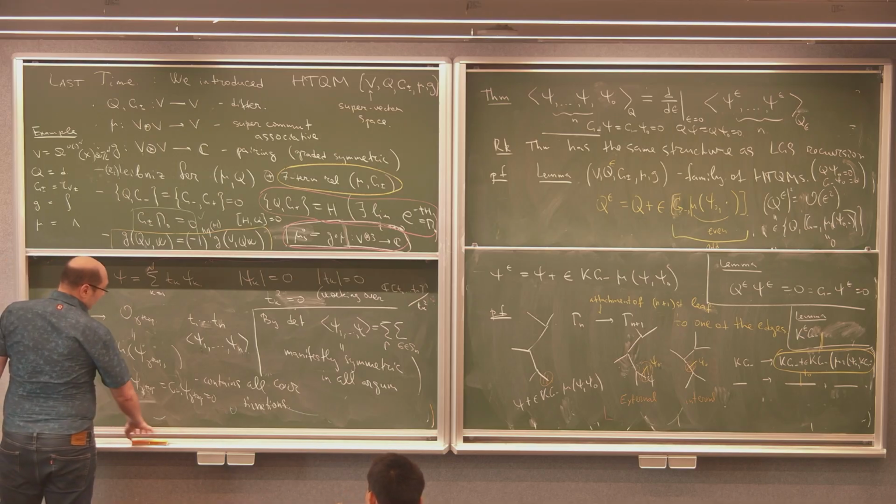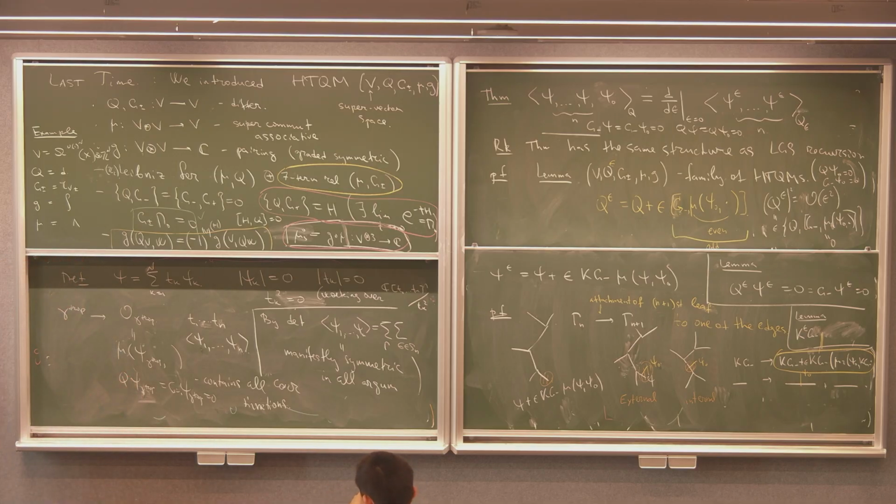So next time we will say the amplitude we construct today is like an A model. Today we talked about formal amplitudes as some algebraic object, just some numbers constructed in abstract HTQM. So next time we will start with the proof that amplitudes in this particular HTQM are equal to tropical Gromov-Witten invariants.